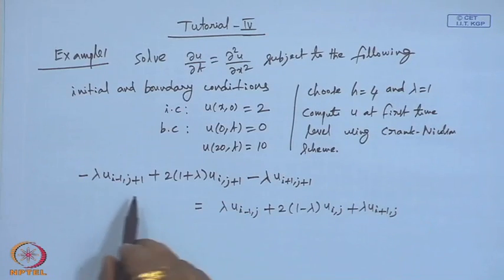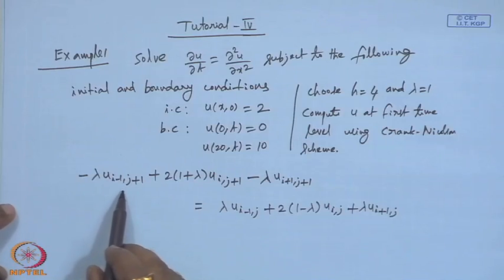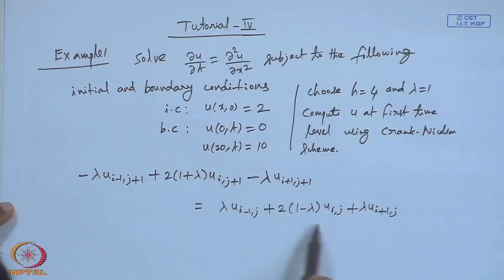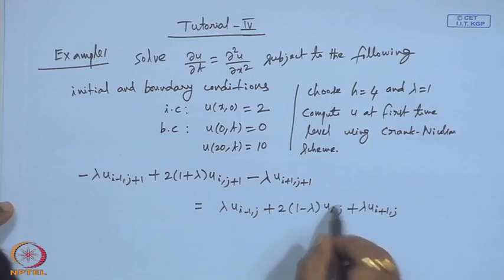So, as you can see, this is implicit, all the higher time levels are to the left and the past time levels are to the right. Okay. So, now in the present case we have lambda equals to 1.